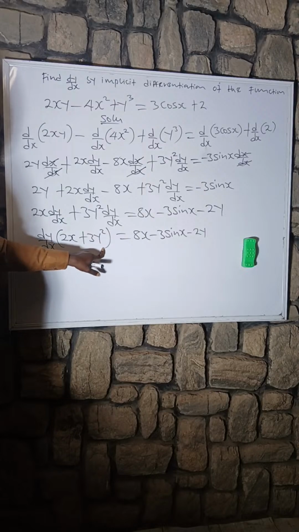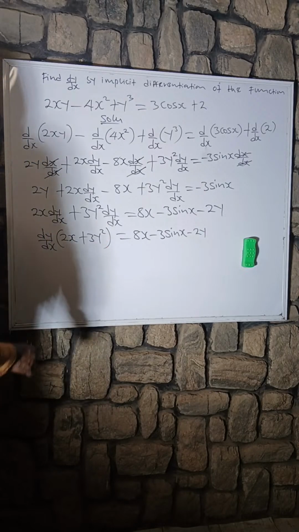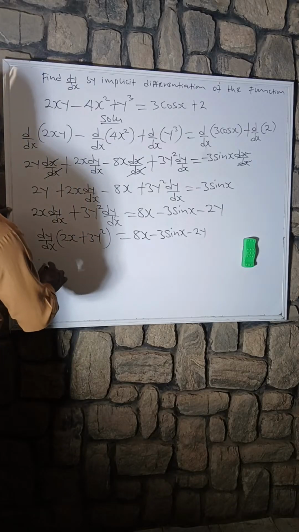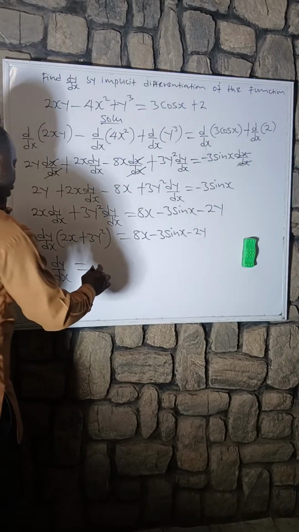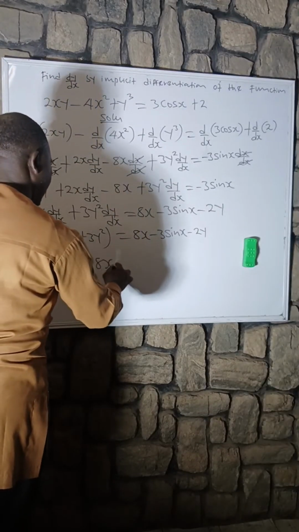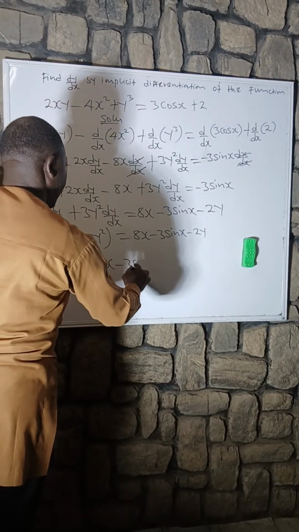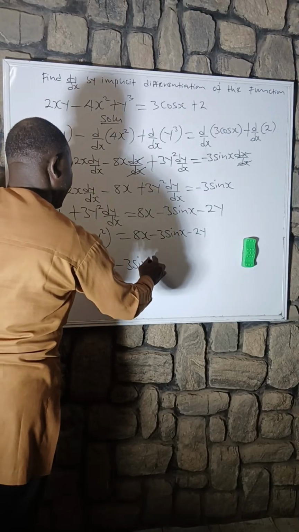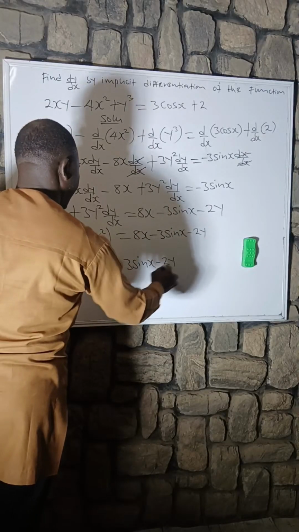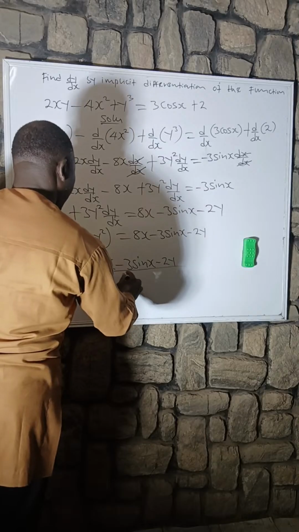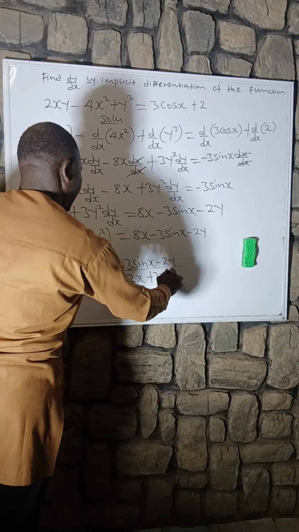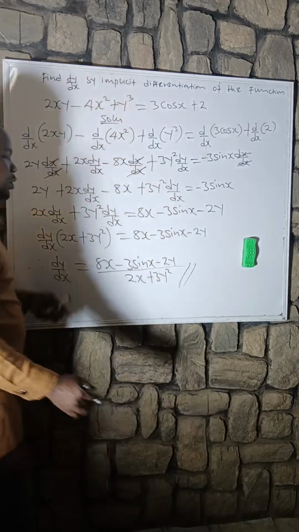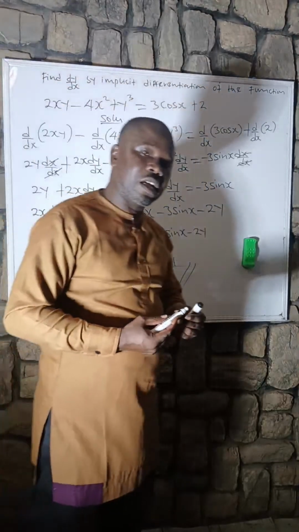So what we need to do here is to divide both sides by 2x plus 3y squared. So therefore, our dy all over dx now equals to 8x minus 3 sine x minus 2y all over 2x plus 3y squared. This is what you are supposed to have.